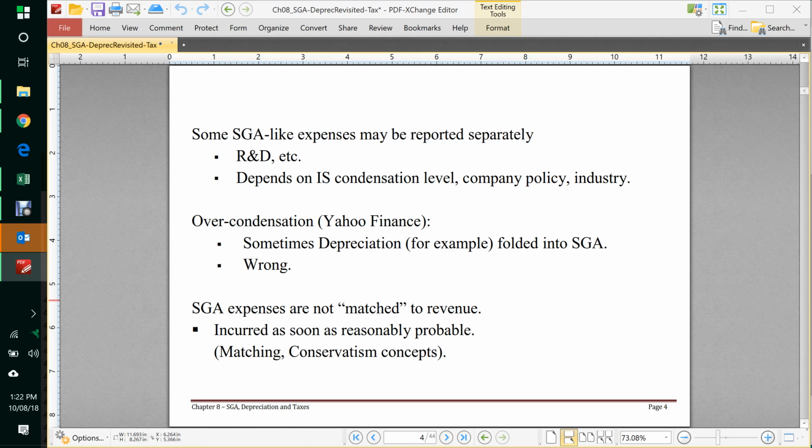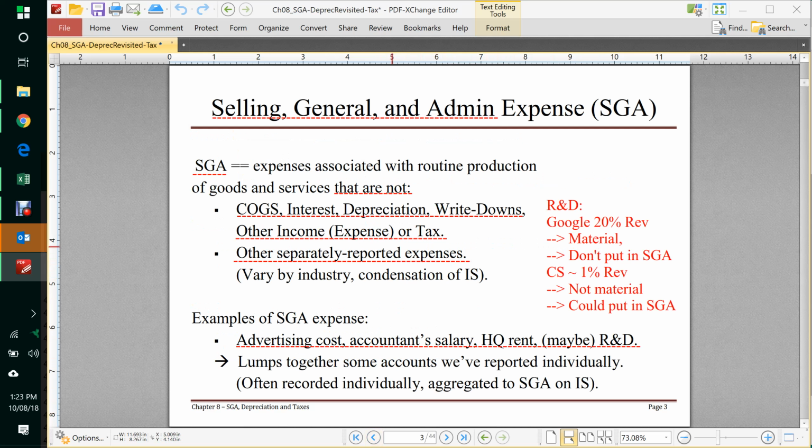One other thing you should know about this is overcondensation. When you find accounting data online, it's peppered with mistakes. Yahoo Finance, Google Finance, et cetera. Sometimes, for example, you will see at Yahoo Finance depreciation folded into SGA. That is wrong, wrong, wrong.